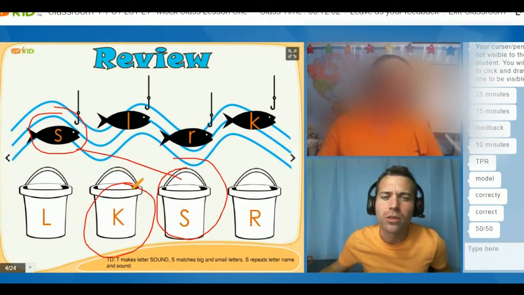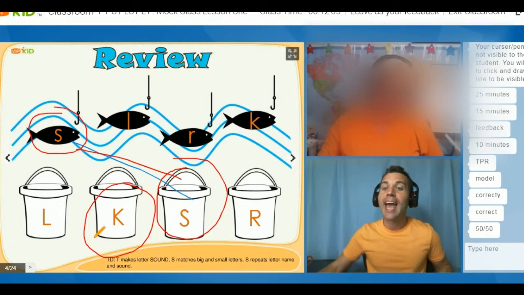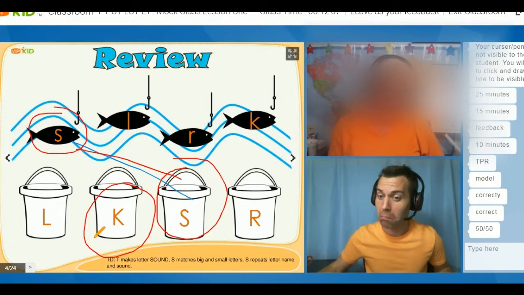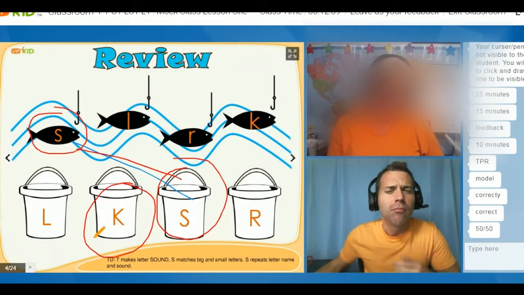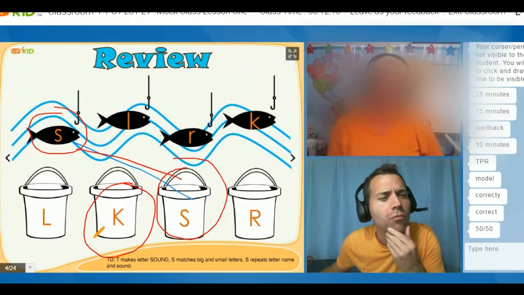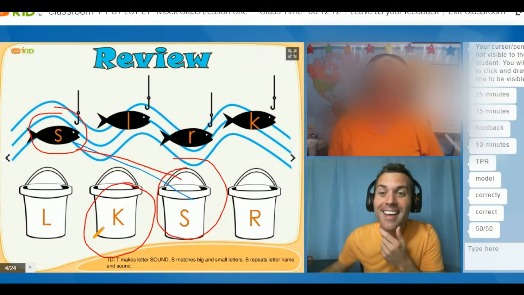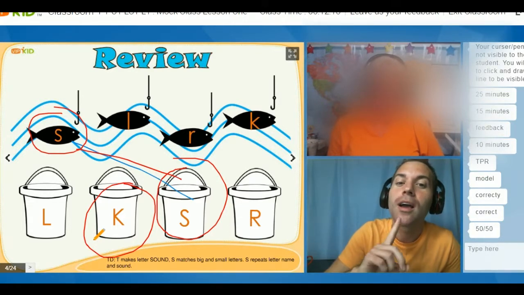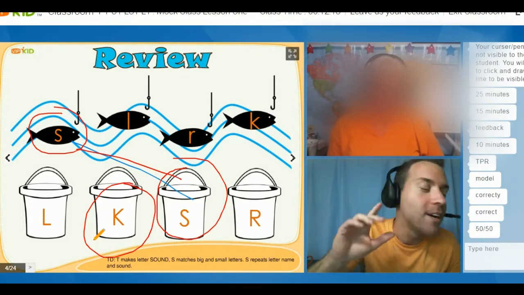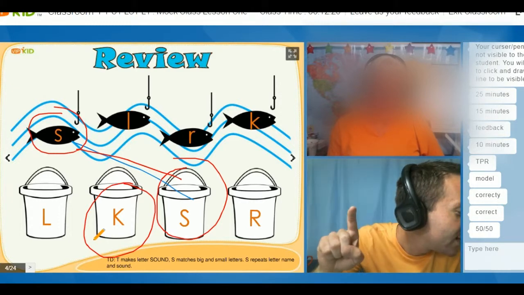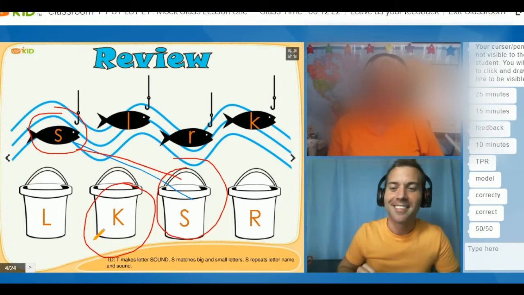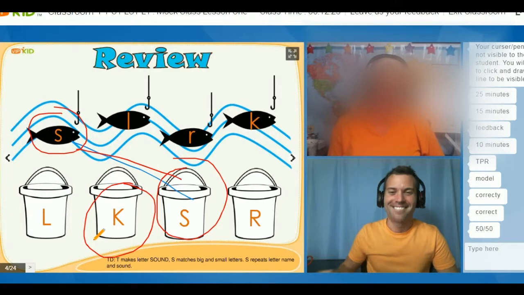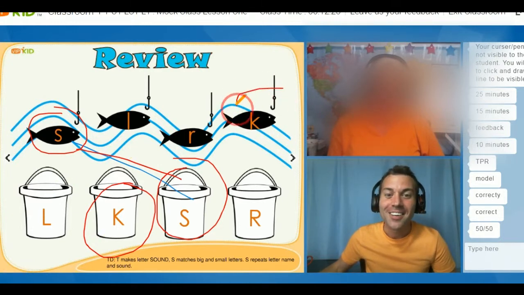What sound does K make? K. K. Yes. K makes the sound K, K, K, K, K. K makes the sound. Good.